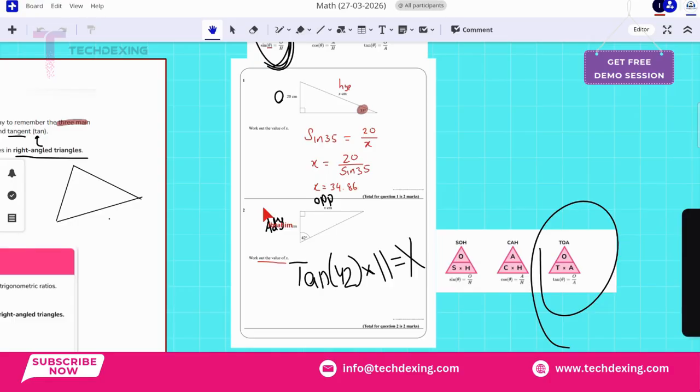So after simplifying, what will we get? 9.90. Very good. That's the right answer.